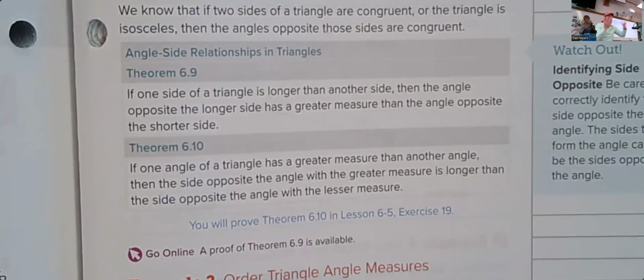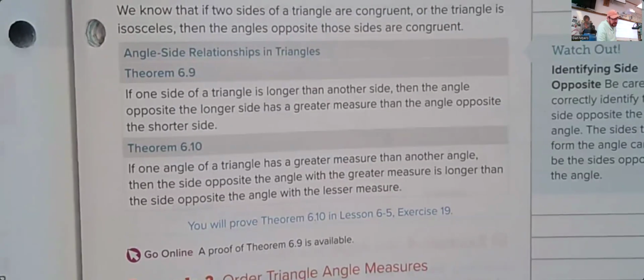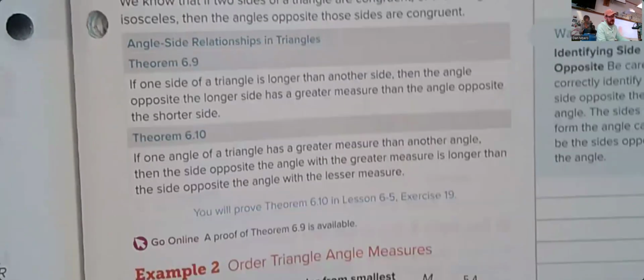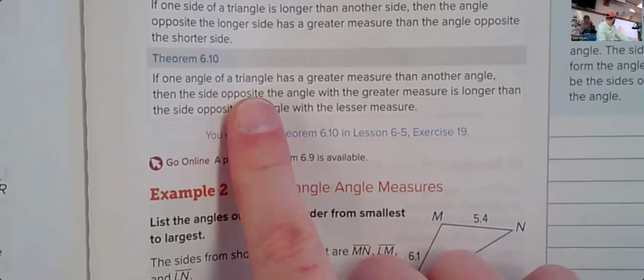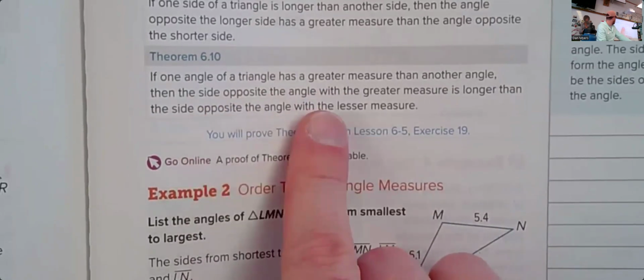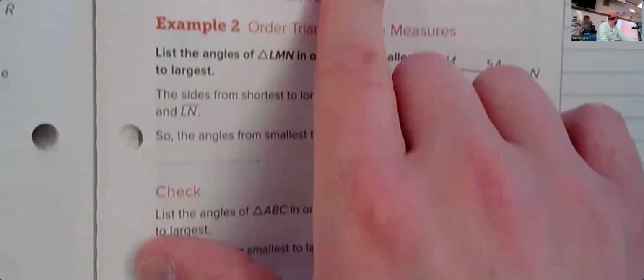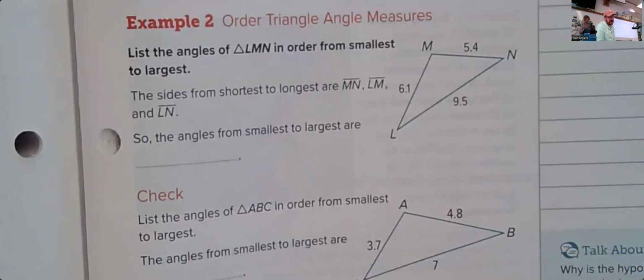And the one in between will have an angle measurement and a side length in between the other angles and sides. And the opposite is also true: if an angle has a greater measure than another angle, then the side opposite the greater angle is longer than the side opposite the lesser angle.